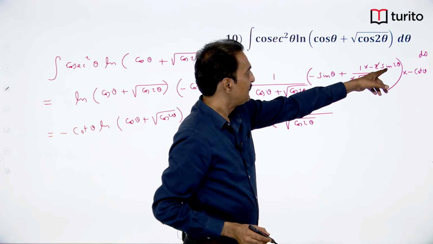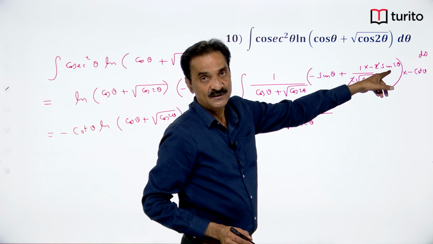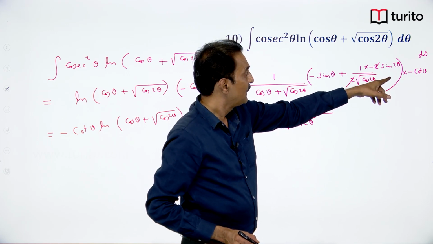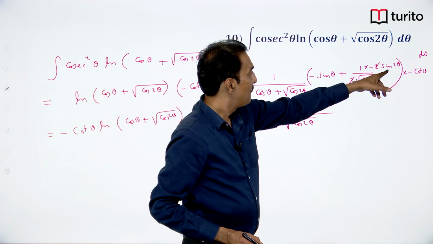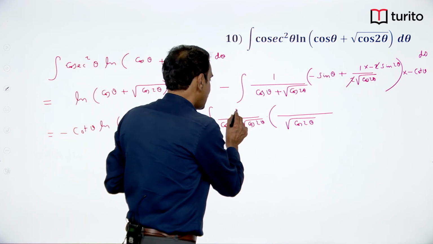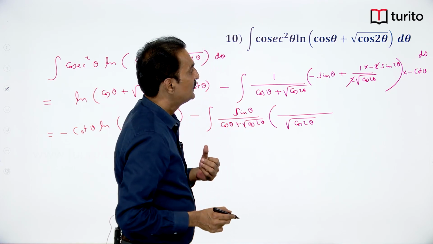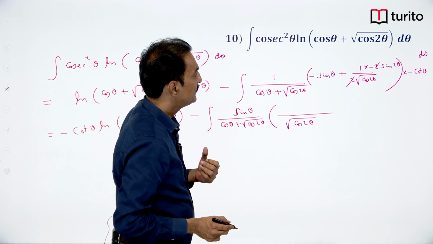Okay. And from the numerator we can take sin theta common, sin 2 theta is 2 sin theta cos theta. Then take sin 2 theta common, sin theta common. So I will write into sin theta. What is the remaining?